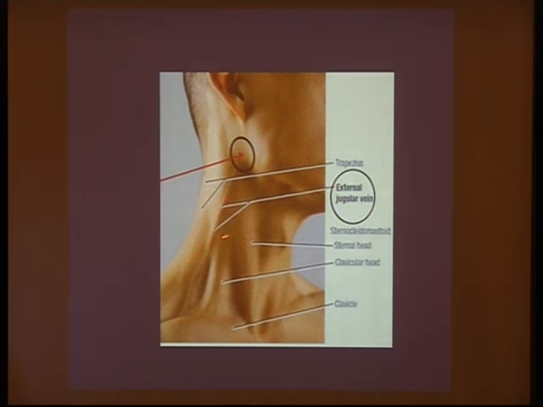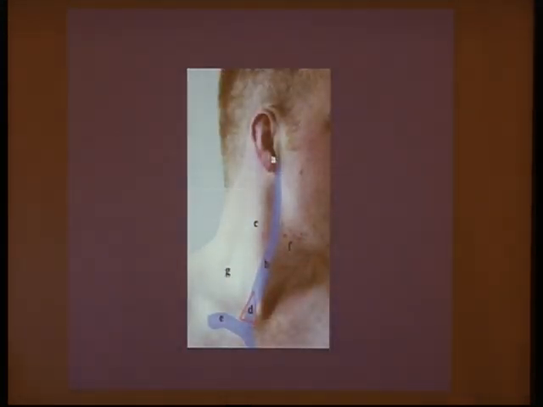So this is external jugular vein, and we have sternomastoid muscle, two heads of sternomastoid muscle. Between them is the anterior neck triangle. Internal jugular vein above is shown here.